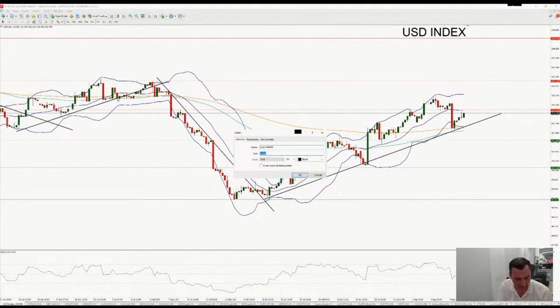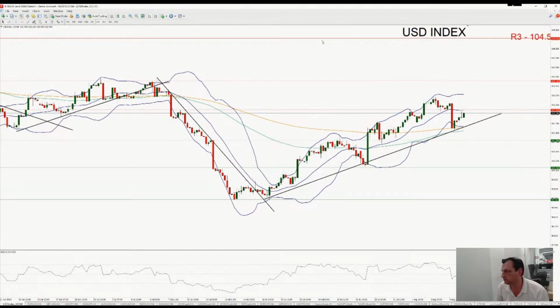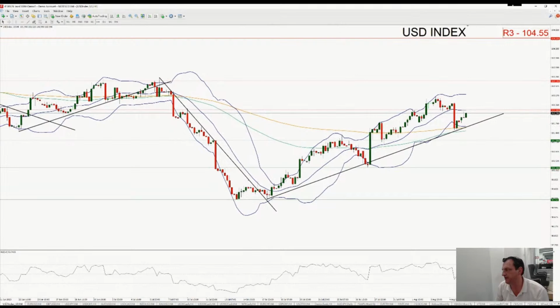Starting with the R3 at 104.55. Let's color this in red. Let's verify it. Yep.